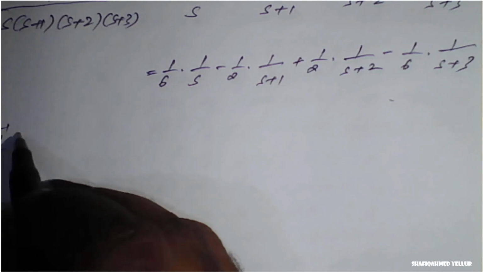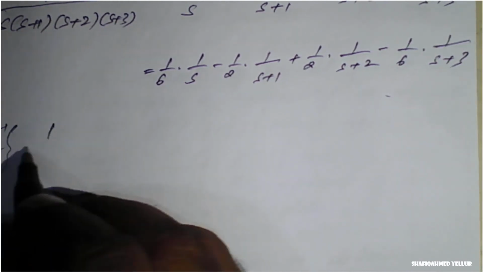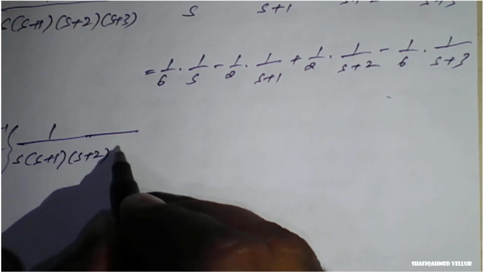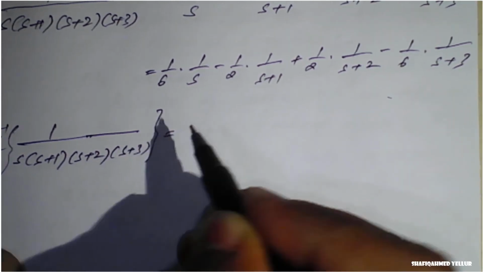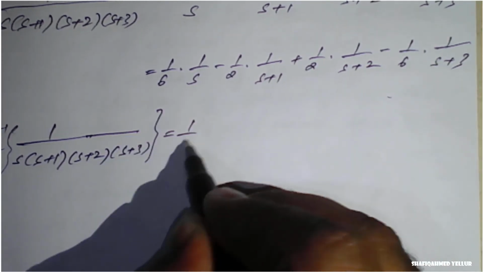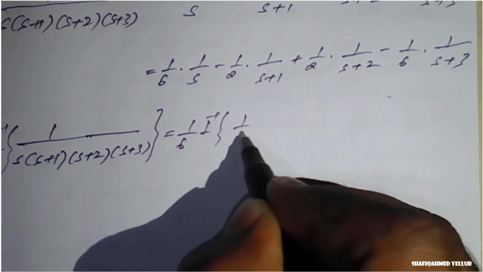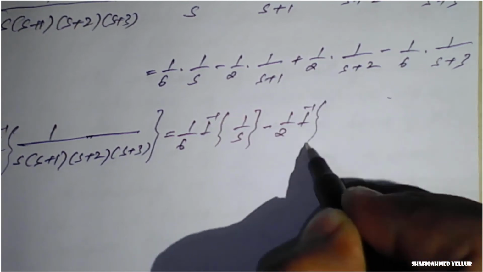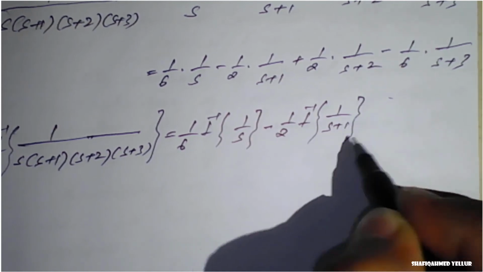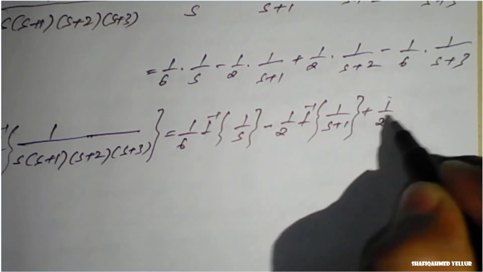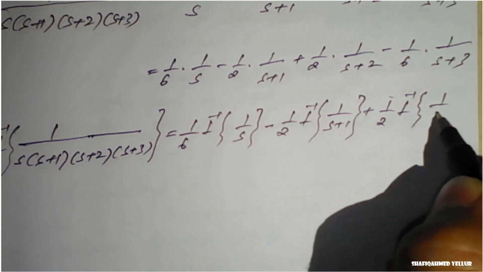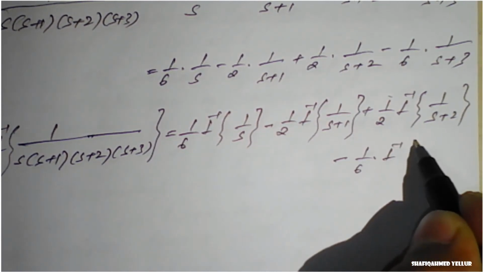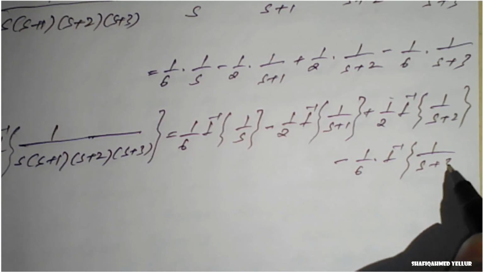So on taking inverse Laplace transform on both sides, 1 by 6 is a constant, inverse Laplace of 1 by s, minus 1 by 2 is a constant, inverse Laplace of 1 upon s plus 1, plus 1 by 2 is a constant, inverse Laplace of 1 by s plus 2, minus 1 by 6 into inverse Laplace of 1 by s plus 3.